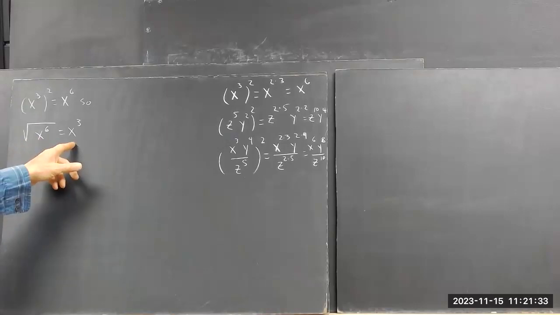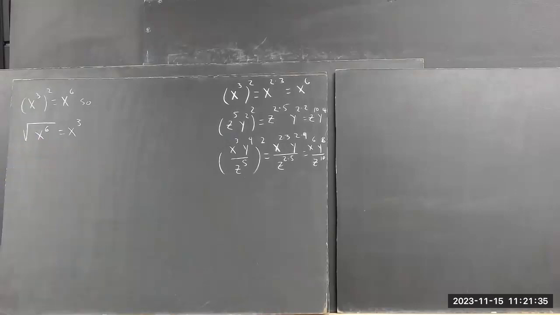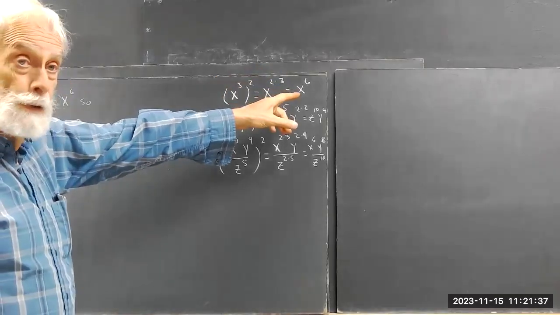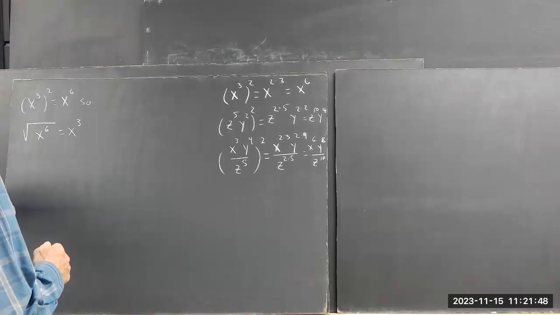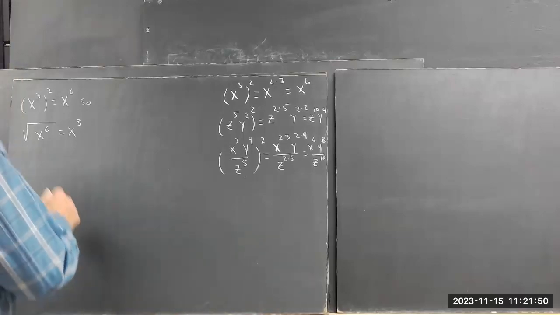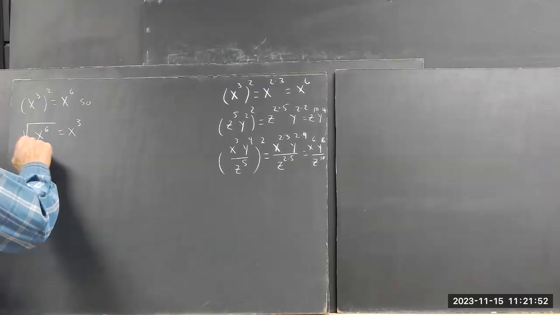And the square root cuts all the powers in half. Just like squaring doubles the powers, square rooting cuts them back in half. So you end up with what you started with. There's kind of a caveat to this. I'm not going to worry about it right now.